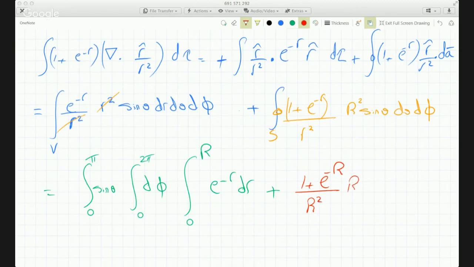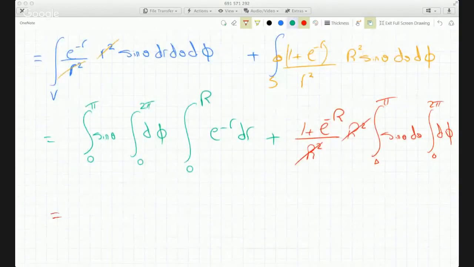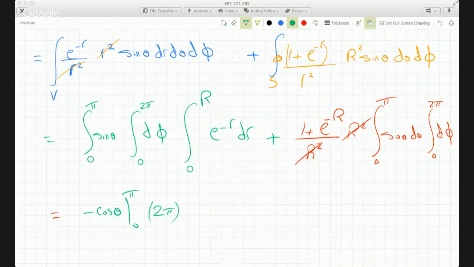And there's an r squared here, so those two cross each other out. Then again I have a surface integral, so this is sine theta d theta from 0 to pi, and d phi from 0 to 2 pi. Now I can evaluate each one separately. The integral of sine theta is minus cosine theta from 0 to pi. This is just 2 pi, right?